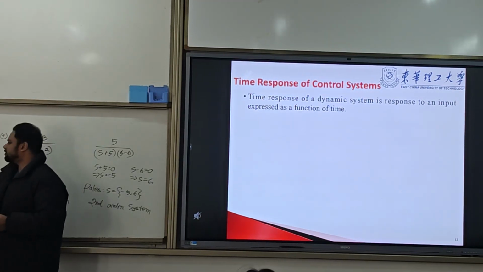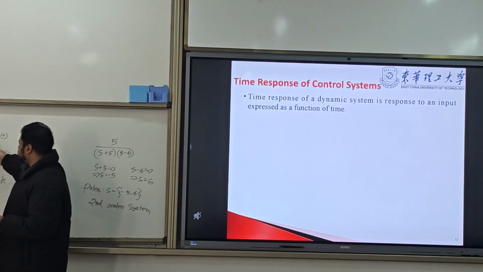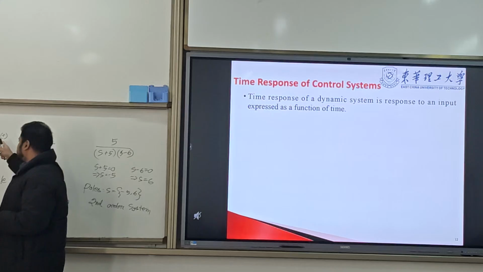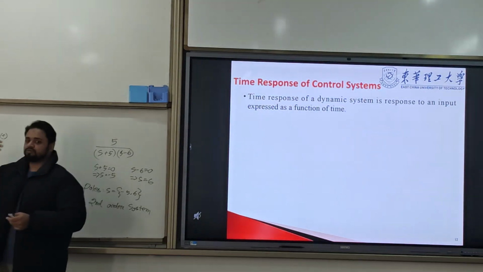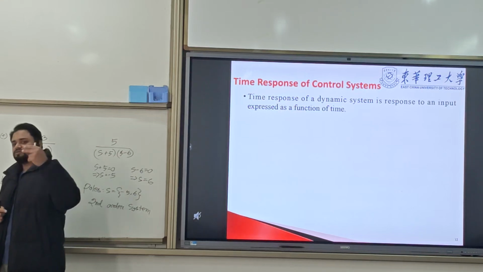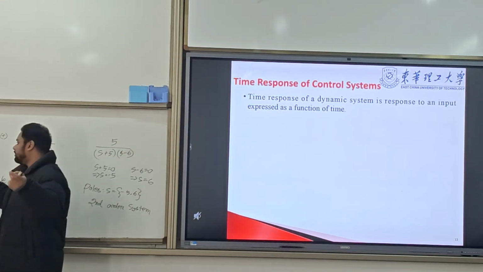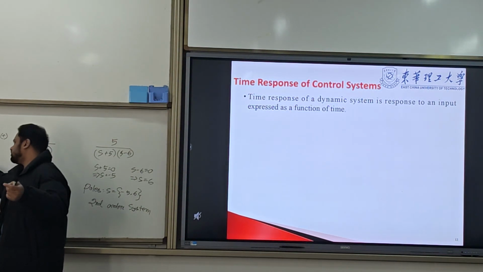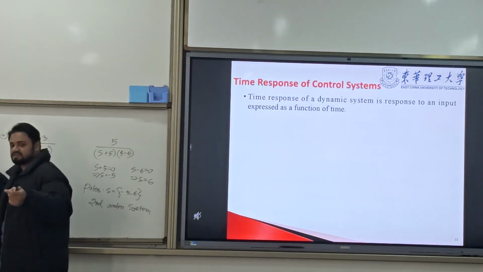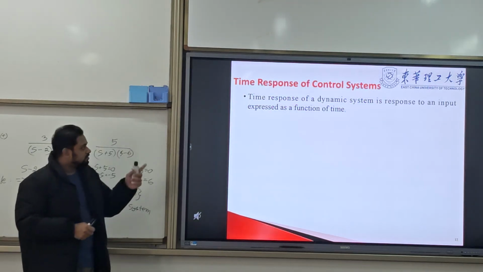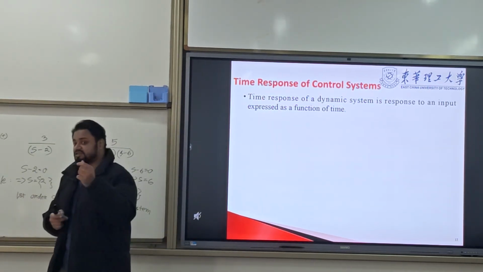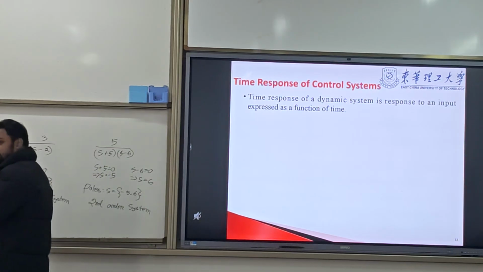By using the impulse response, by finding the ratio of yt by xt. If it is asked for the output, the output will be given. But if it is asked to find the response, that is the impulse response ht, you can find it from the ratio yt by xt. So the time response of a dynamic system is the response to an input expressed in terms of time.